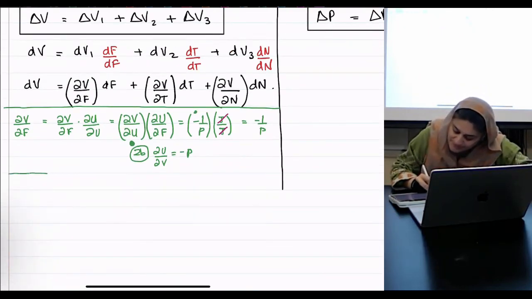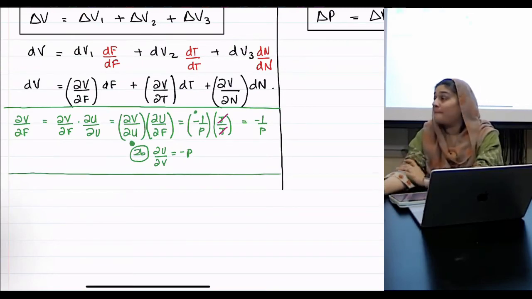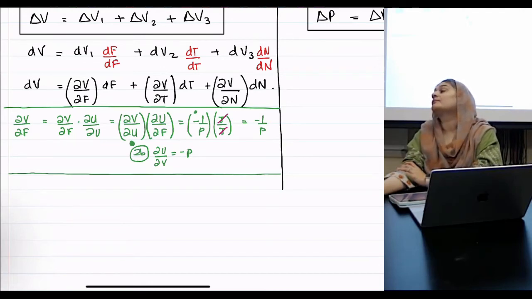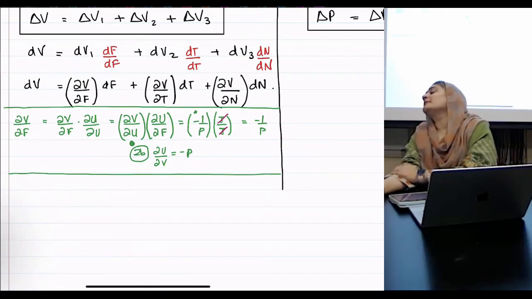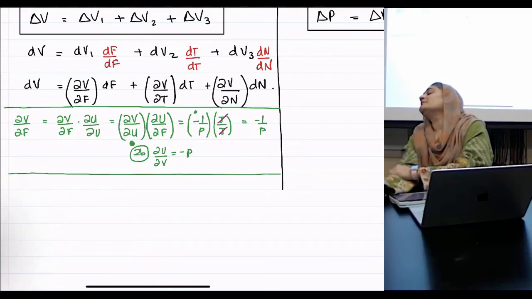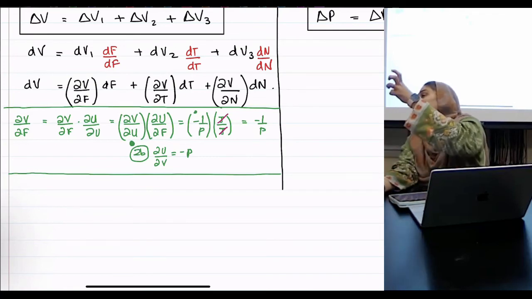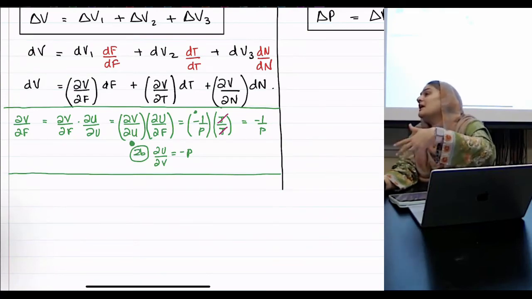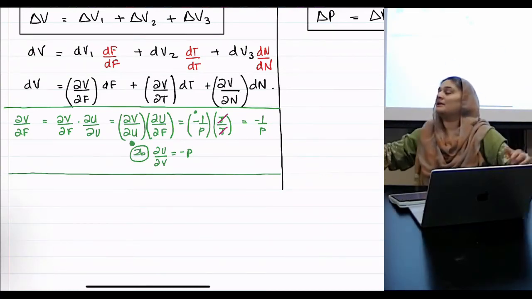Nick, you look confused. So like U and F are both energies. Yep. But how does that mean it's just one? Can it just be any constant though? No, it'll be 1. I mean, it could be, but I don't care about constants right now. They'll take care of themselves once we start plugging in numbers. There will be a numerical number, but that will pop up once I'm more concerned about the big equations.